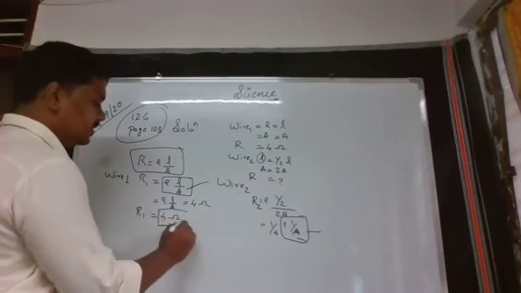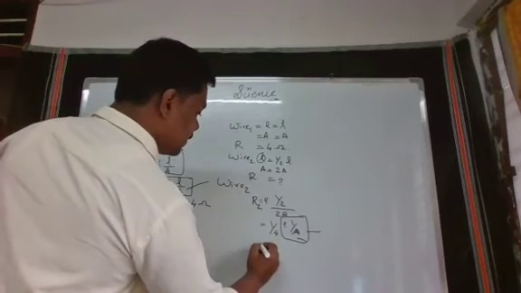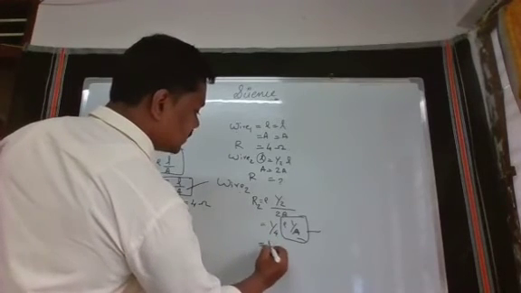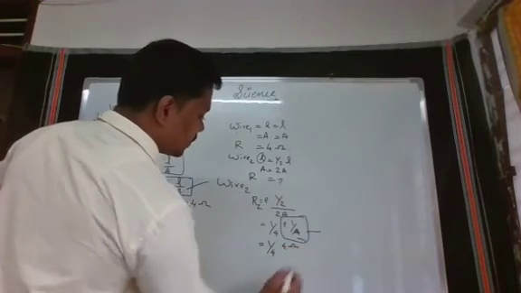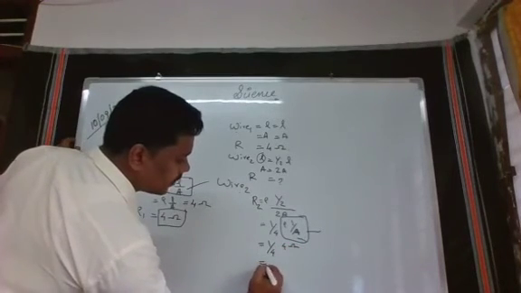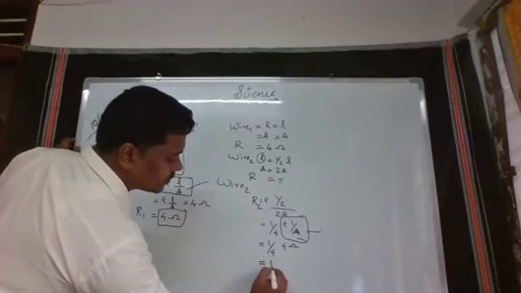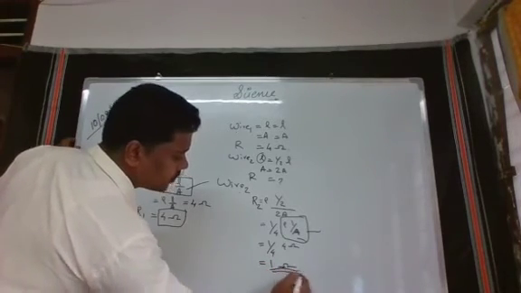So we get 1 by 4 into 4 ohm, and the answer is 1 ohm. So the resistance is 1 ohm.